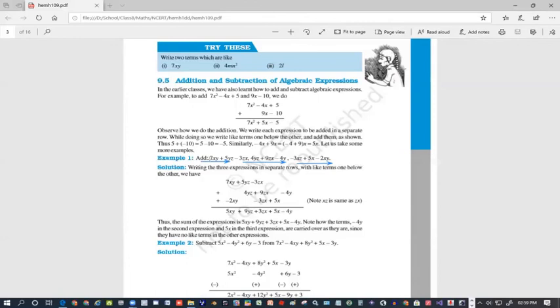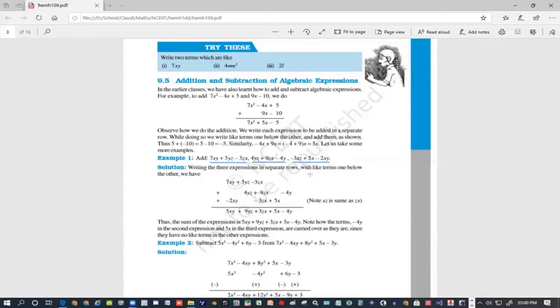Three terms. 7xy plus 5yz minus 3zx. This is one term, up to here it is one term, so I will underline it instead of an arrow. The second term is 4yz plus 9zx minus 4y. The third term is minus 3xz plus 5x minus 2xy.